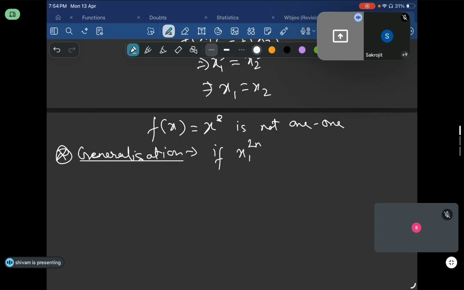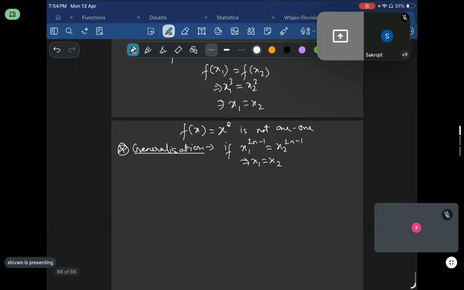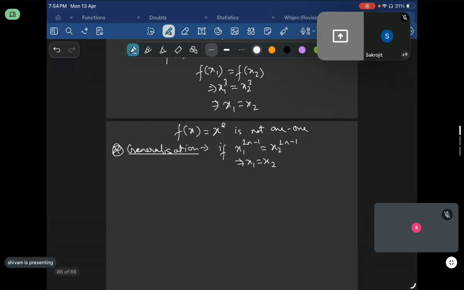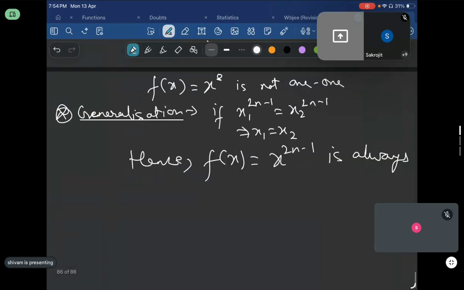If x1 to the power 2n minus 1 is equal to x2 to the power 2n minus 1, this implies x1 is equal to x2. Hence f of x is equal to x to the power 2n minus 1 is always a one-one function.